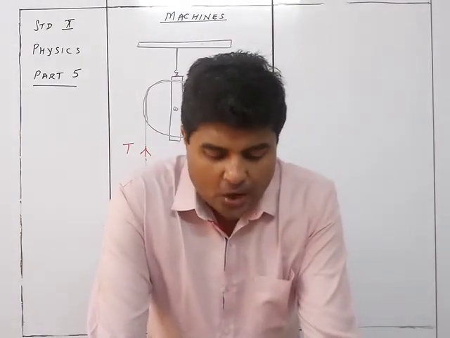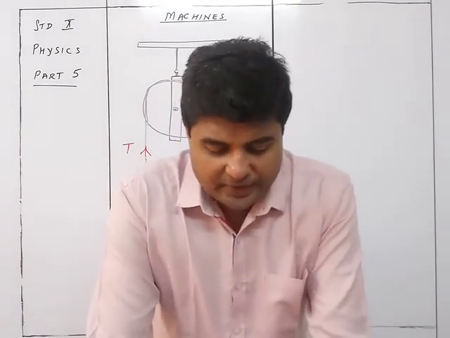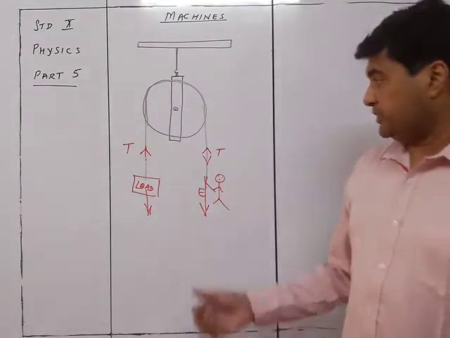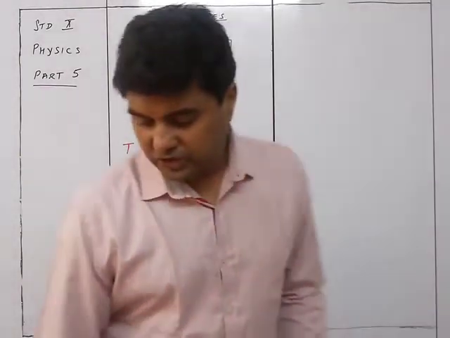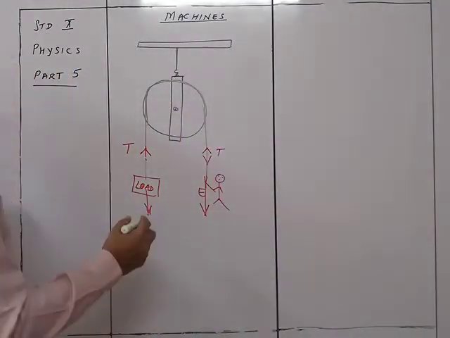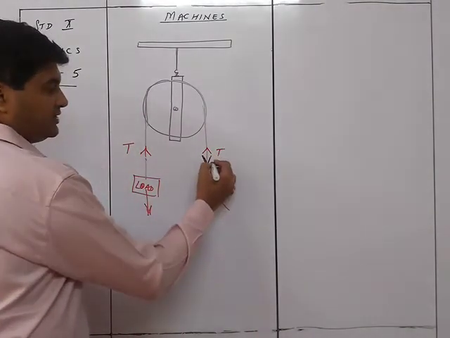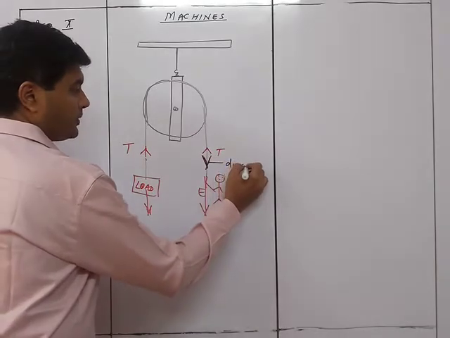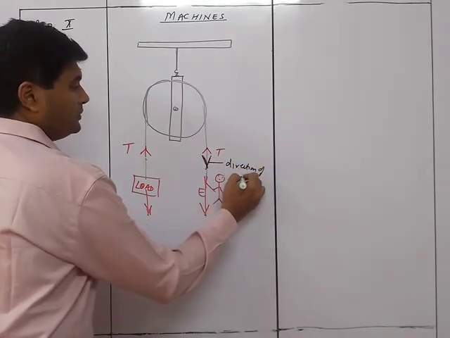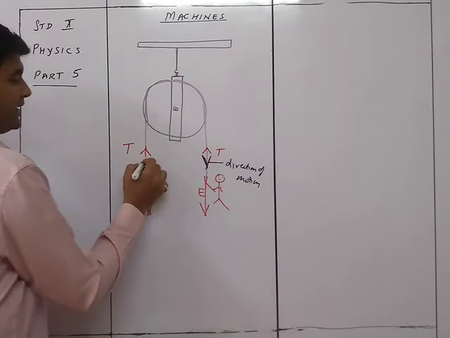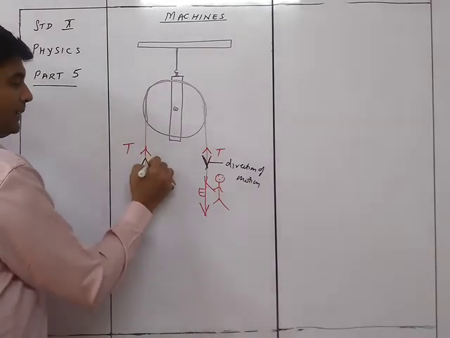On pulling the string downwards by the effort, the pulley rotates and the load moves upwards. So when I pull, I will show in a different color the direction of the movement. The direction of the effort is this way; this is the direction of motion. Accordingly, the direction of motion of the load will be upwards.